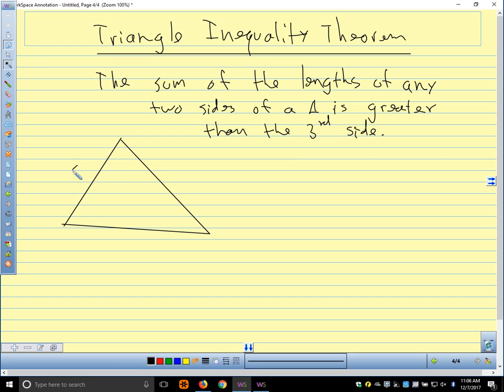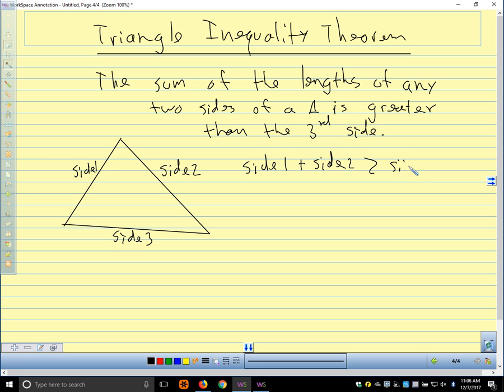So on this triangle, I'm going to call this side 1, side 2, and side 3. What the triangle inequality tells us is that side 1 plus side 2 is greater than side 3. Side 1 plus side 3 is greater than side 2.